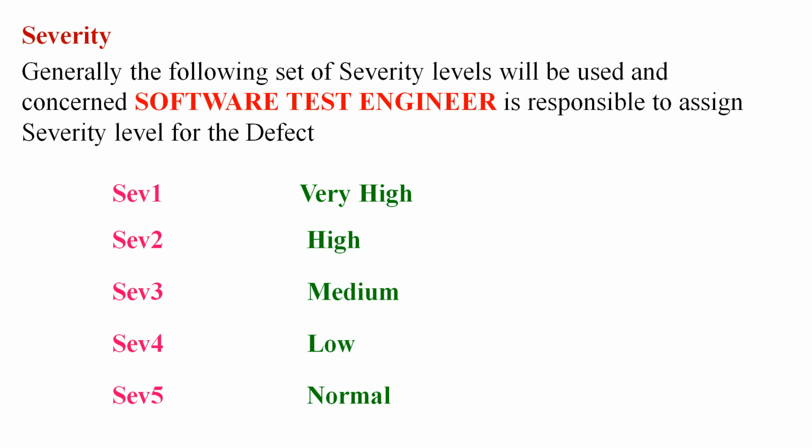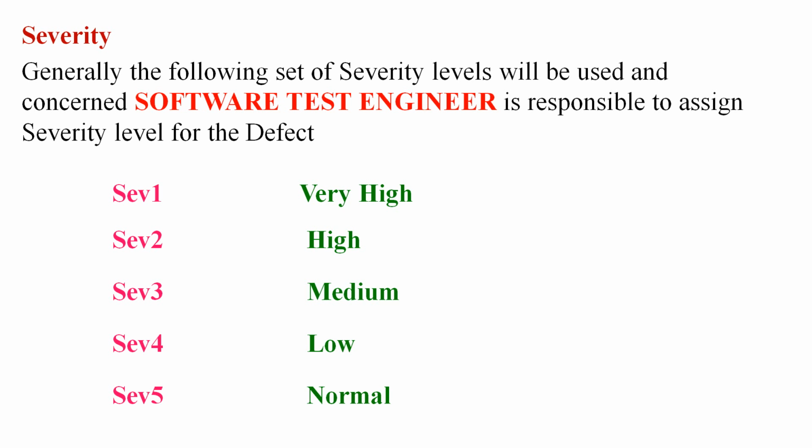In that test plan document, under the defect life cycle or the defect reporting process, they will mention which severity levels they are going to use for this project. By referring to the test plan document, you have to assign the set of severity levels which they are using.